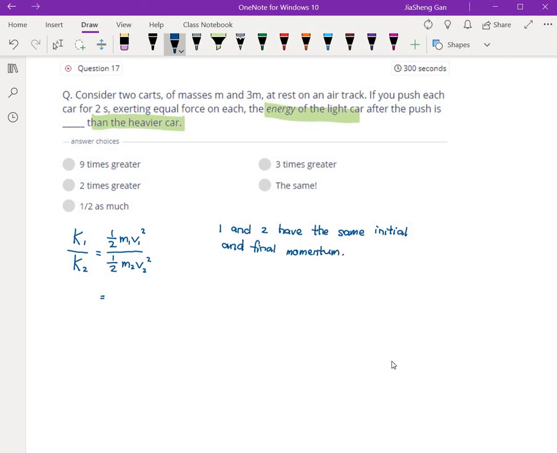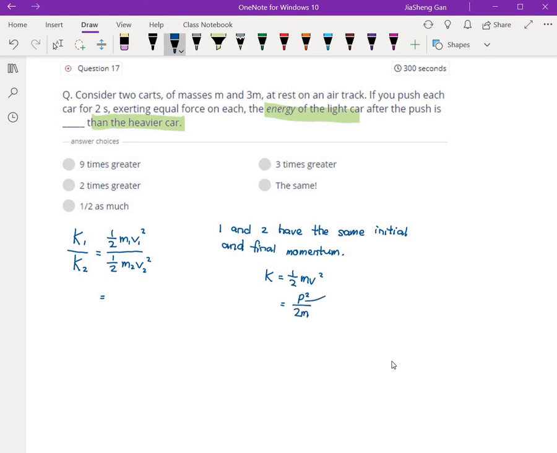And we also know that since K is equal to half mv square, you can also express it in terms of P square over 2m.